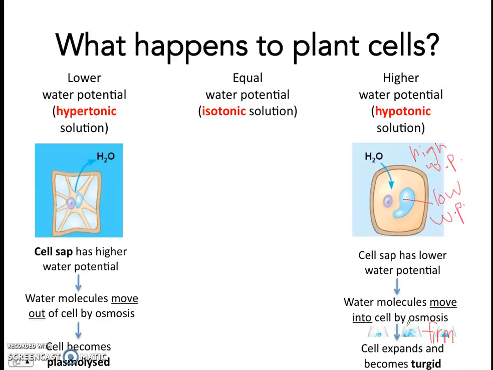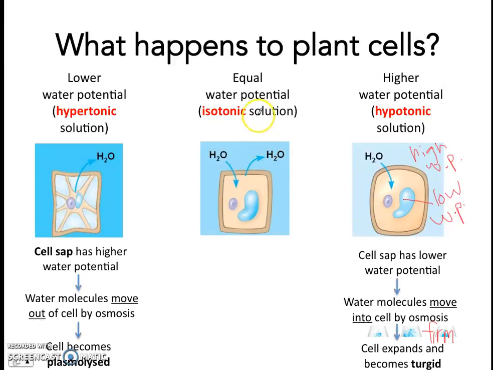Why is it that plant cells don't burst? It's something to do with the cell wall. This cell wall prevents the plant cell from bursting, unlike animal cells. And finally, what happens when you place plant cells into an isotonic solution, where the water potential is equal to the cell sap?